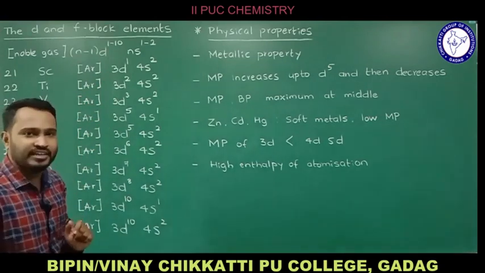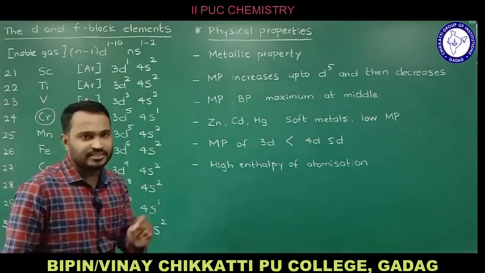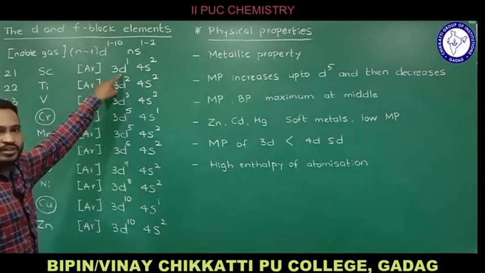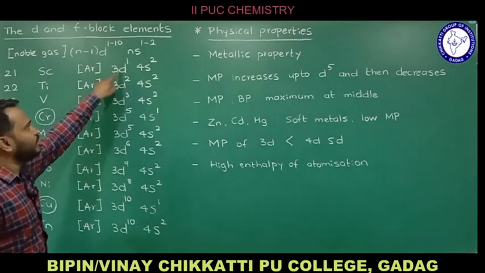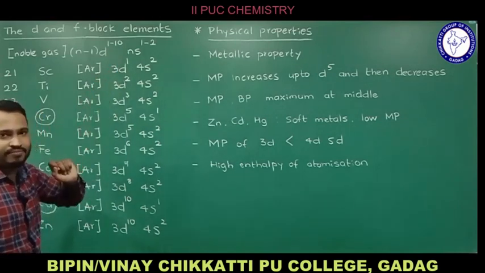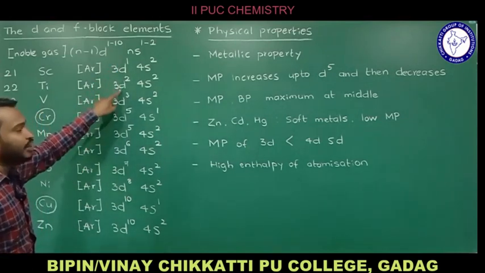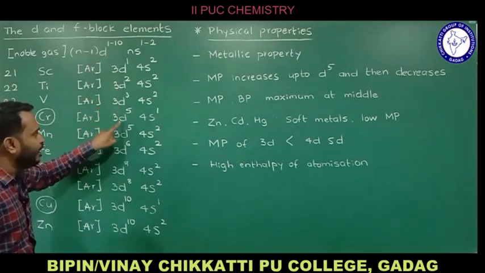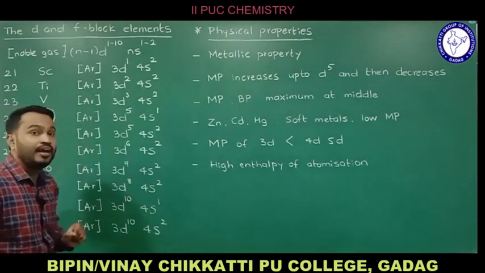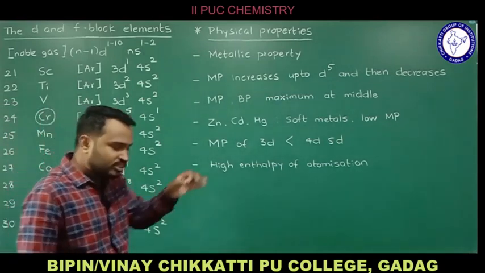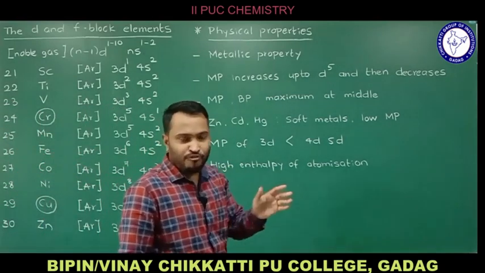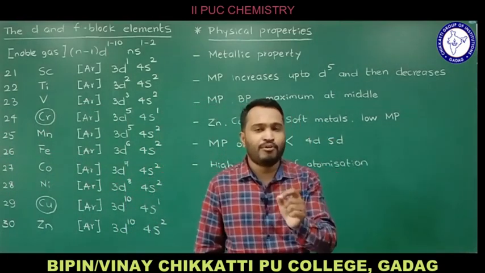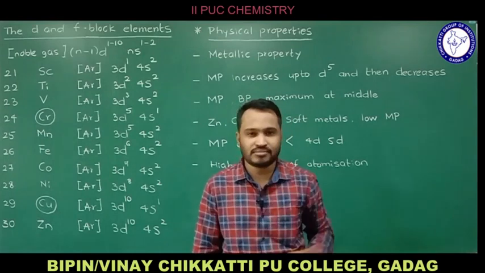Why does the melting point increase from d1 to d5? The reason is that in d1 we have one unpaired electron, whereas in d2 we have two unpaired electrons, here we have three unpaired electrons, and here we have five unpaired electrons. So when you move from scandium to manganese, from the initial 3d series to the middle of the 3d series, the number of unpaired electrons increases, isn't it?